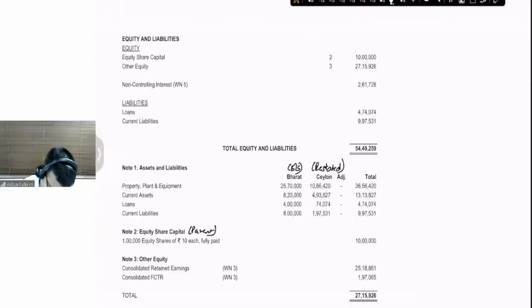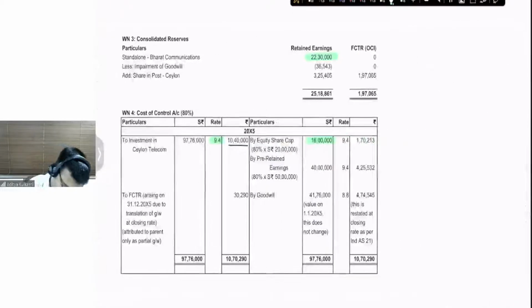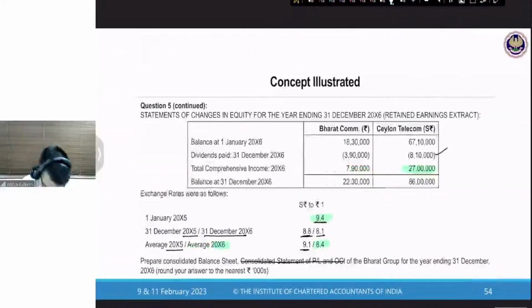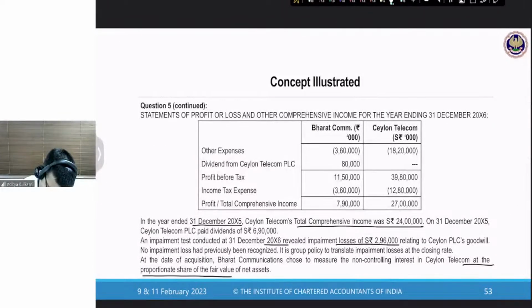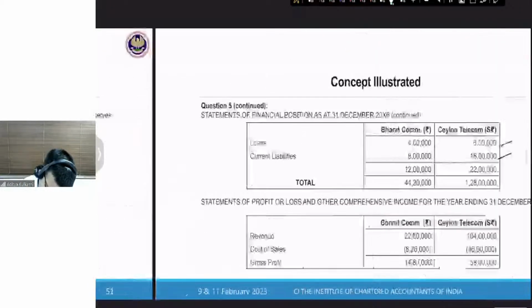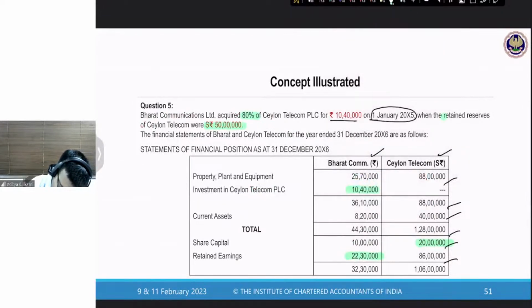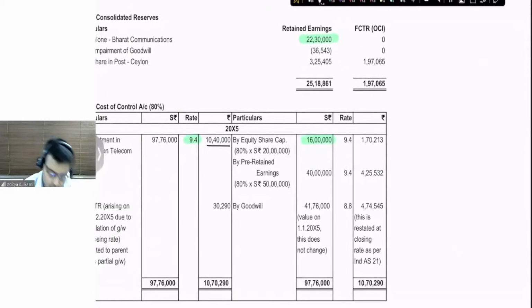Retained earnings, 50 lakhs. Balance as at 1st January. We have acquired it for 10 lakh. Achha, here only it is given when the retained earnings were Sri Lankan rupees 50 lakhs. Yeah. So 50 lakhs ka 80% is recorded here.